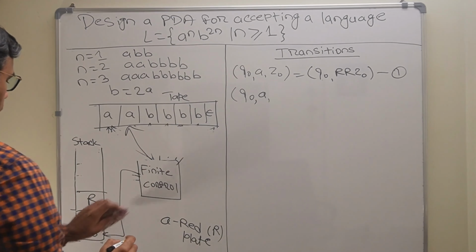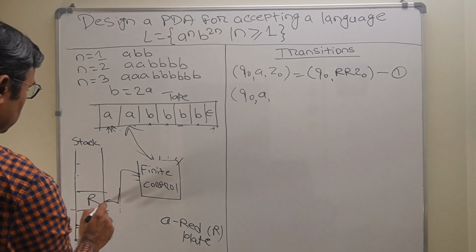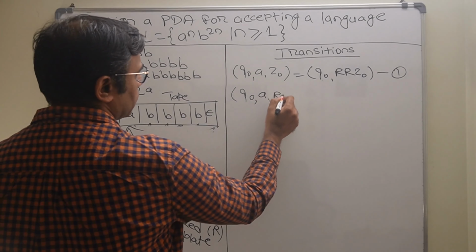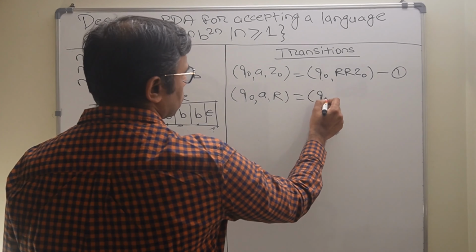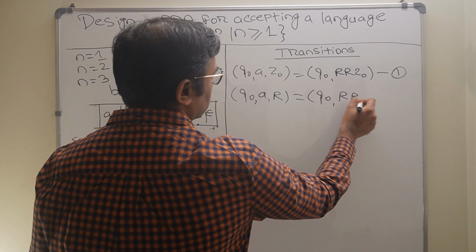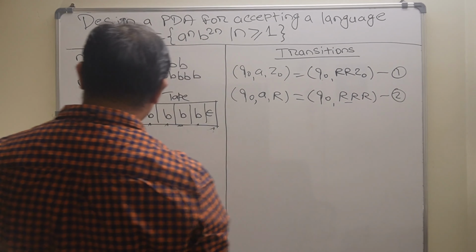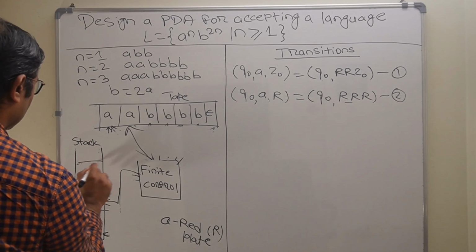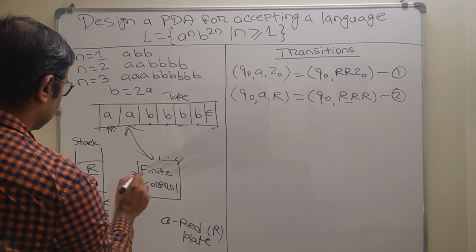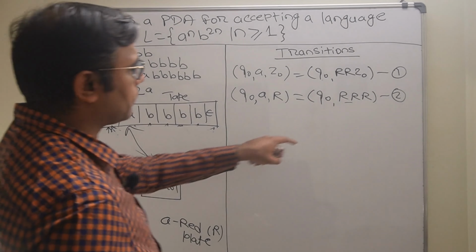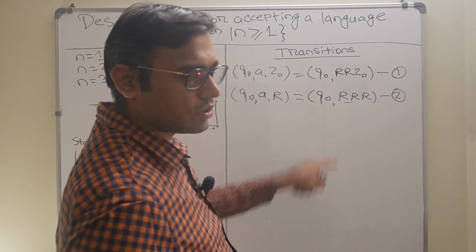Now the stack pointer is R, so I will write here (Q0, A, R) = (Q0, RRR). I will write triple R because again we have inserted two red plates, and previously there is also R, so there will be triple R.